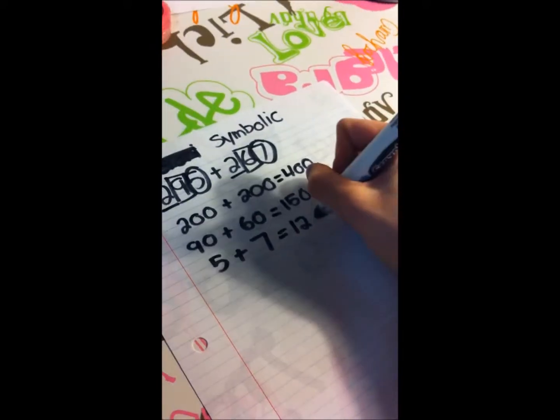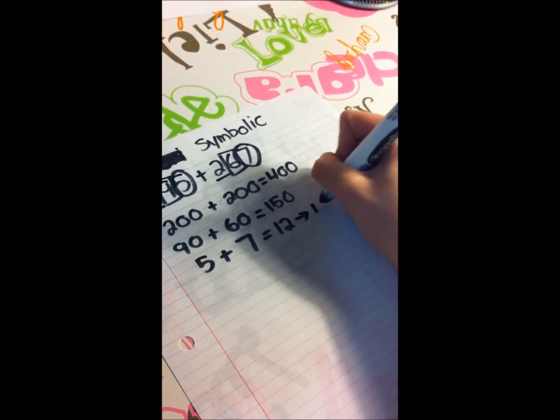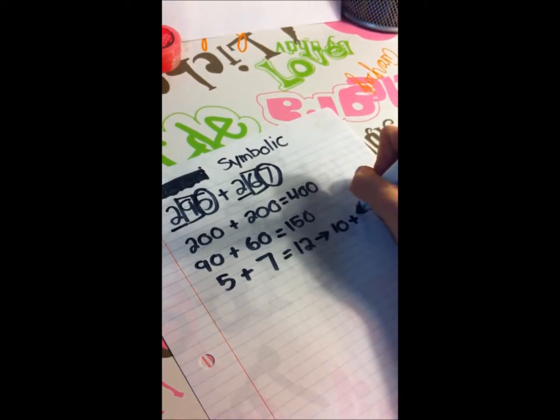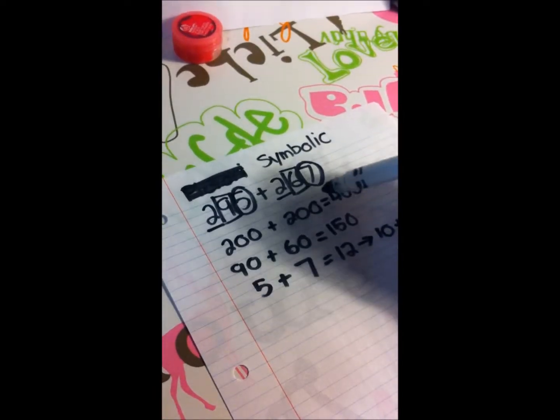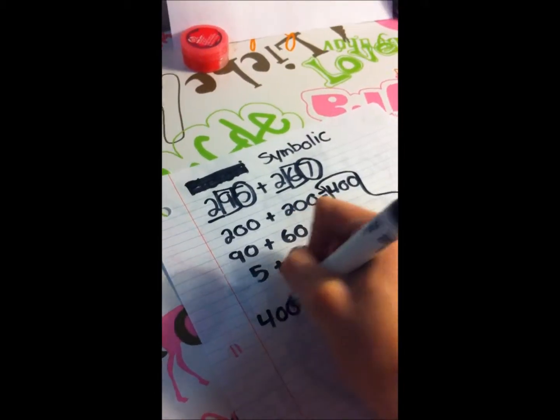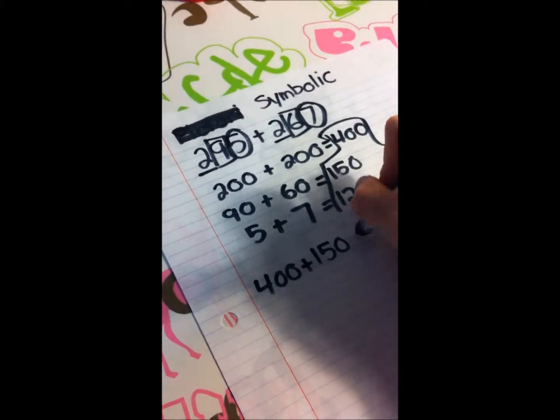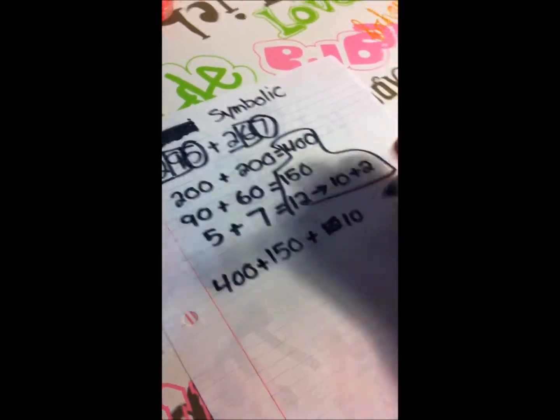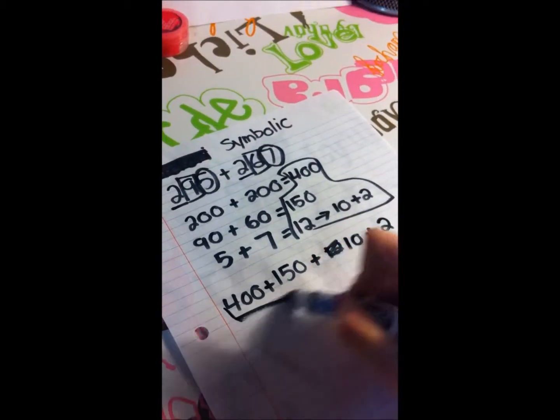12 isn't a very friendly number, so I'm going to break it down to 10 plus 2. So now we're going to add up all these numbers. So we're going to group them together and do this first.